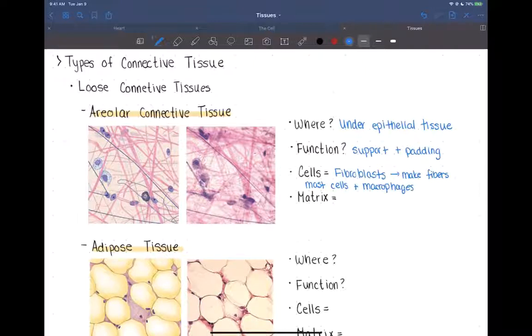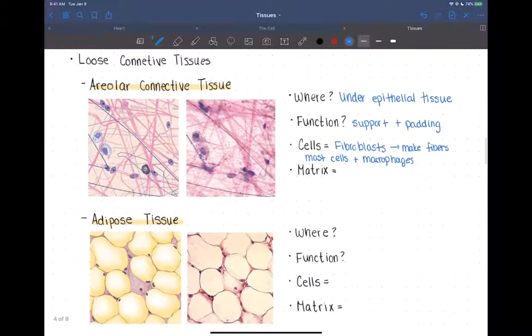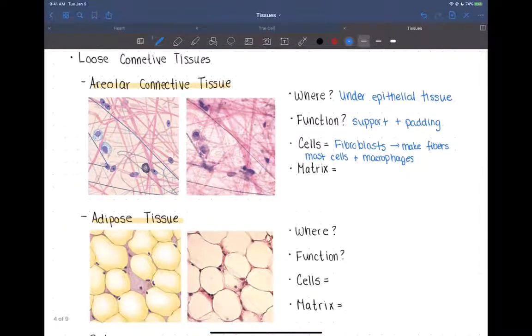Those fibroblasts, remember, their job is to make the matrix of that tissue. For the matrix of this tissue, the ground substance, we'll just abbreviate that, is composed of that hyaluronic acid that we talked about.